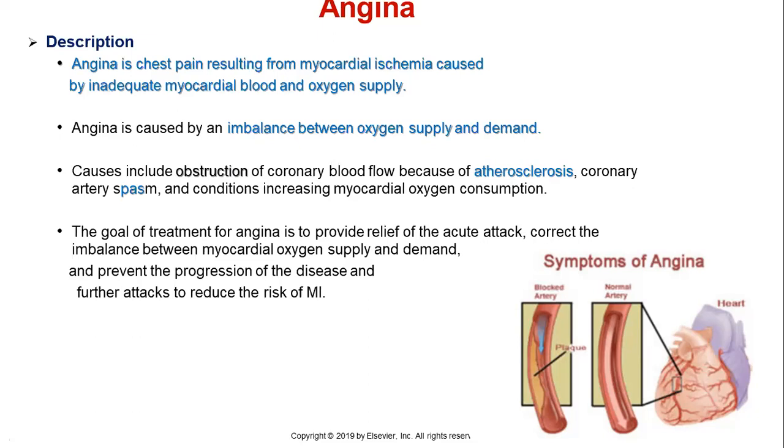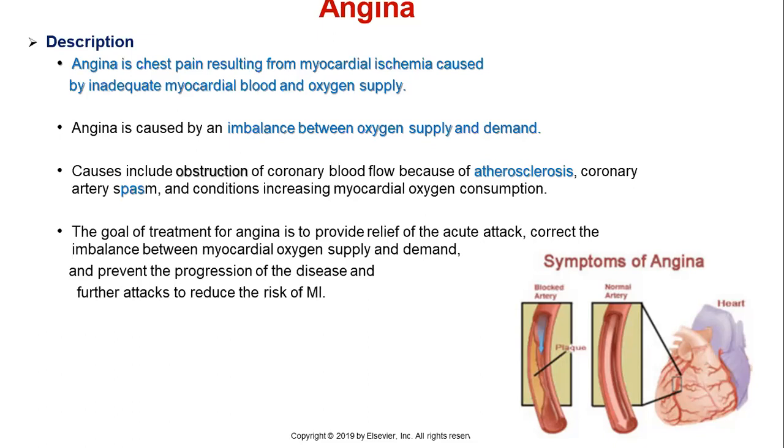So the goal of treatment for angina is to relieve the acute attack and prevent further attacks. Basically, we have to make a balance between oxygen demand and oxygen supply.